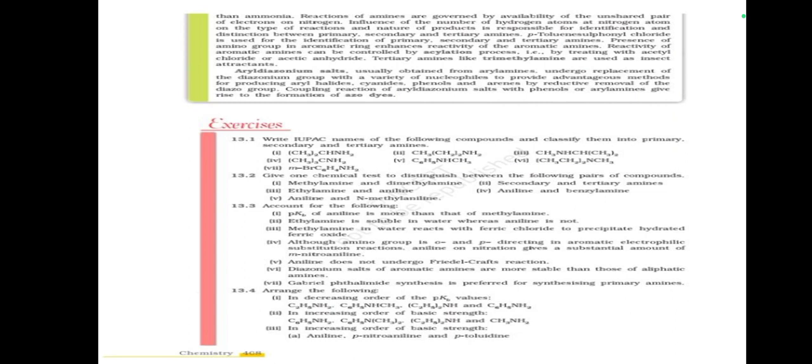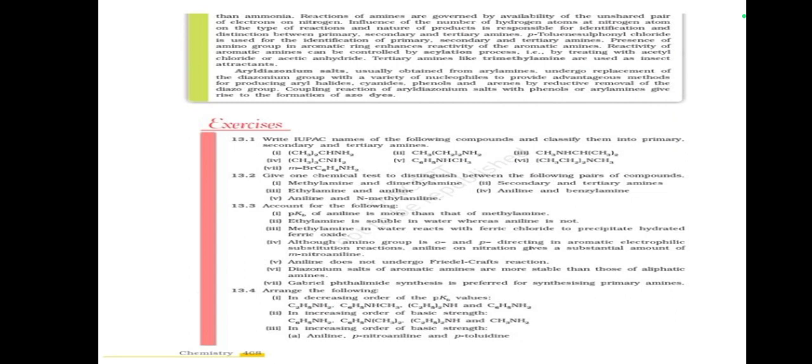Para-toluenesulfonyl chloride. The amino group in the aromatic ring enhances reactivity of the aromatic amines. Reactivity of aromatic amines can be controlled by acylation, that is by treating with acid chloride or acetic anhydride. Tertiary amines like trimethylamine are used as insect attractants.